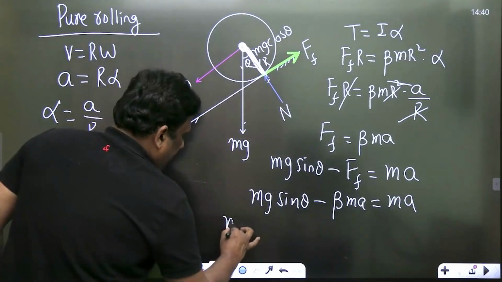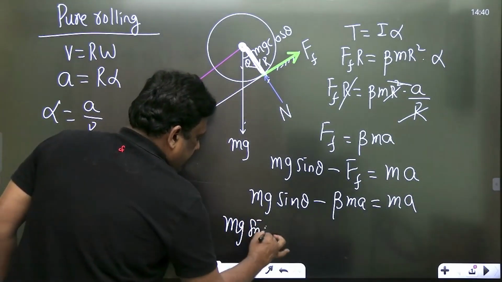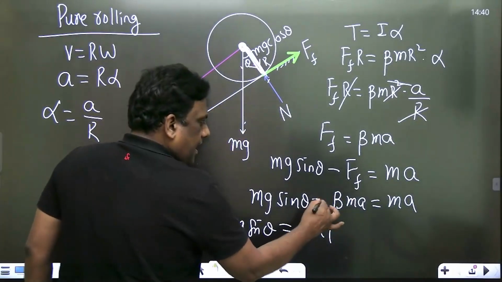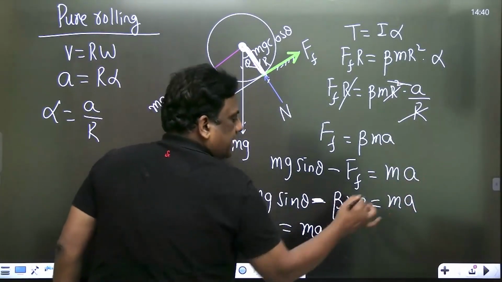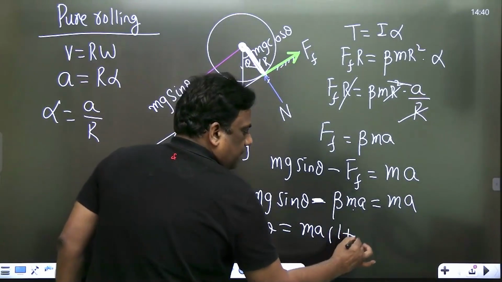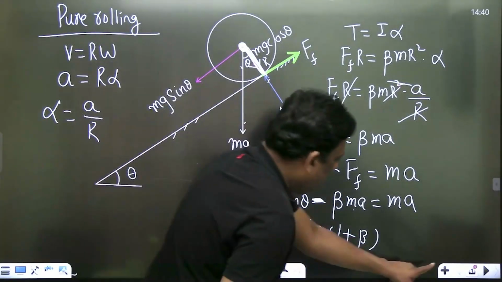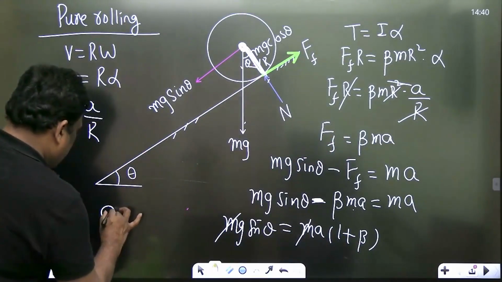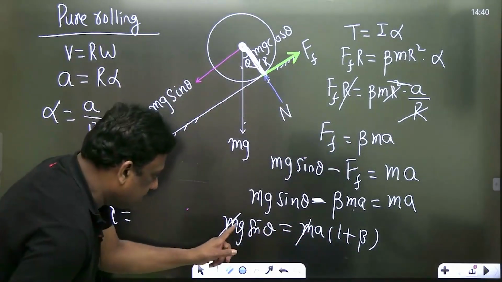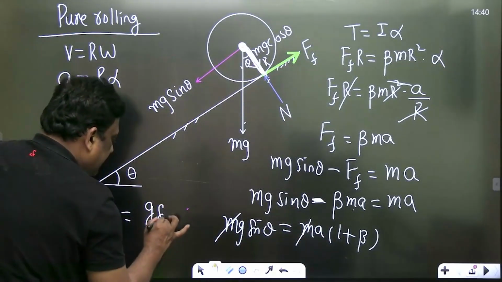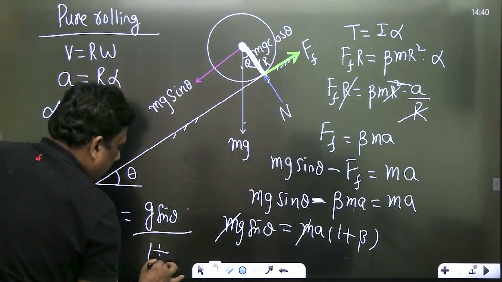So therefore mg sin theta is equal to, let us take this on that side, so ma is common. So 1 plus beta. So m is gone. So therefore I will write the acceleration as, I want acceleration, that is g sin theta by 1 plus beta.